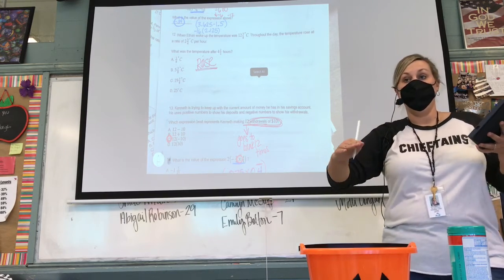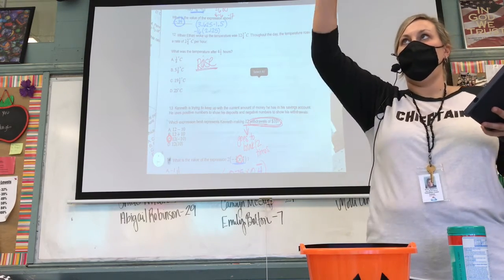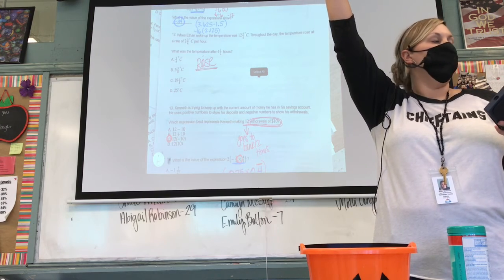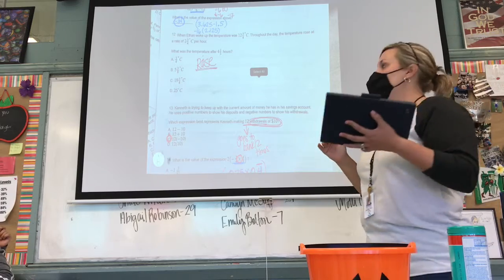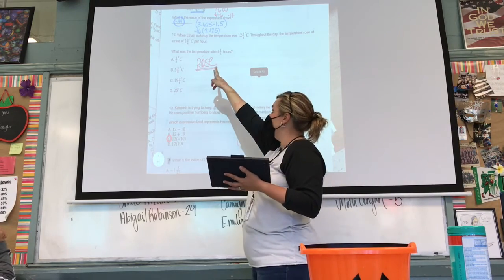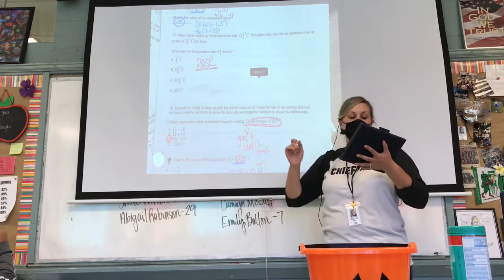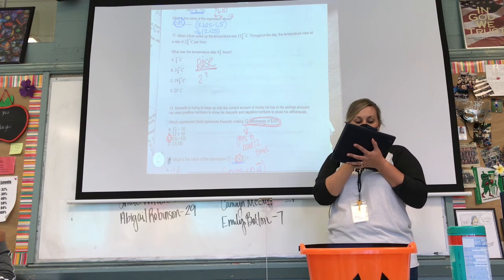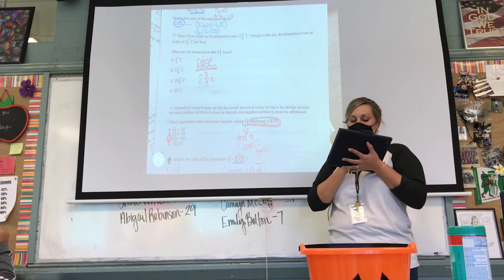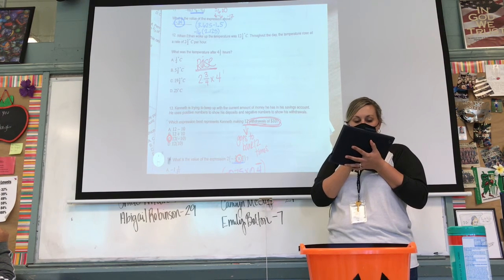We said if it goes up 2 degrees every hour for 4 hours, that would be 8 degrees. Van Bibber said we multiply. So what are we going to do to 2 3/4 and 4 1/2? Put it in decimal. It went up 2 3/4 every hour. How many hours did it do that for? 4. So we're going to multiply them.